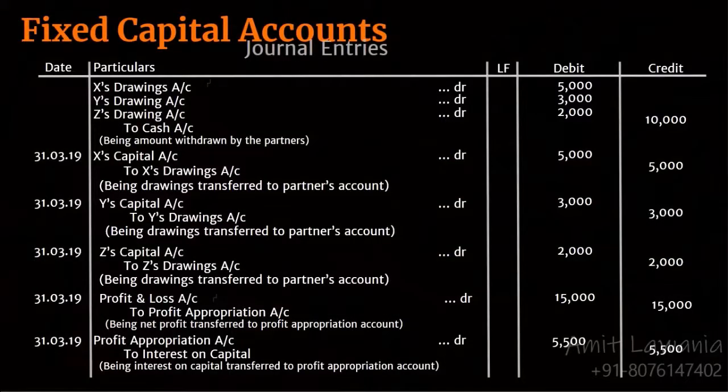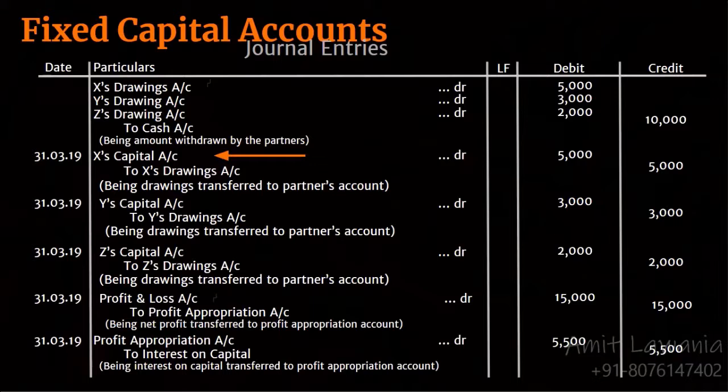Taking the same question that we used for the fluctuating capital method, we will now check the entries that were made to the capital accounts. For the first entry, capital accounts are not involved, so this entry will remain the same. In the second journal entry, we see that X's capital account is debited with the amount of drawings.